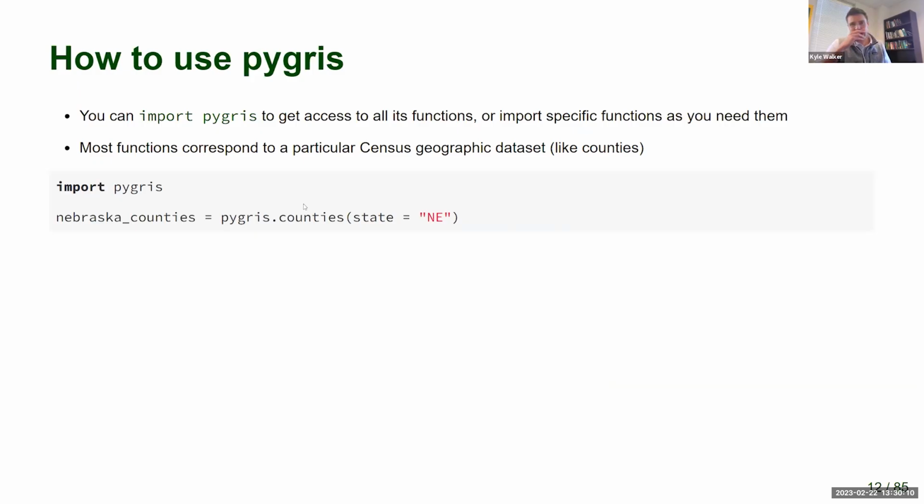All right, so how do we use pygris? How do we get started? So in Python, if you have an add-in package like pygris, it needs to be imported into your Python session to get it to work. The import statement is how we do that. You can think of Python packages as organized as a hierarchy.